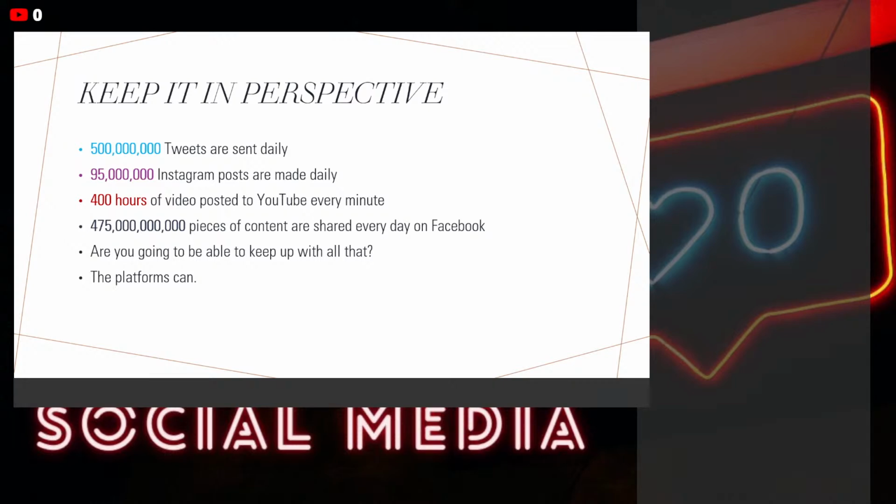Because when they're making these pitches to these companies to buy ads, then they're able to take this data and say, look at what we can do for your brand. Look at what we can do for you. We can get all of these eyes on your products, and that's why you should pay us whatever super high amount of money. Right? So it's to the benefit of the platform to be able to share all of this data.